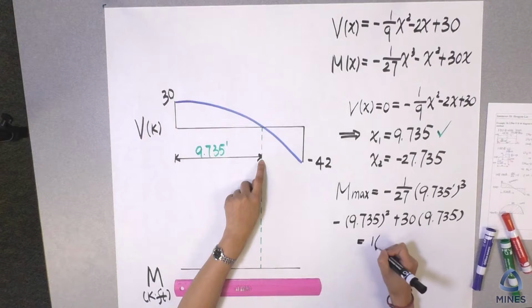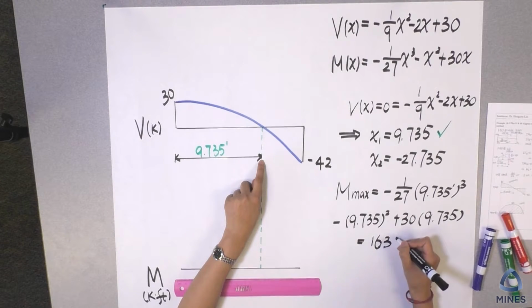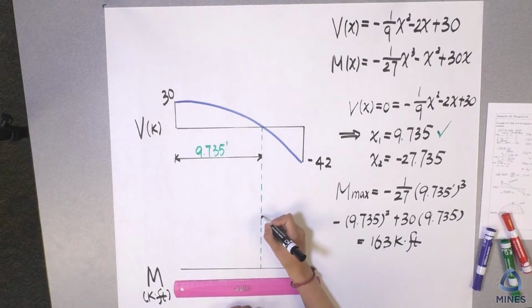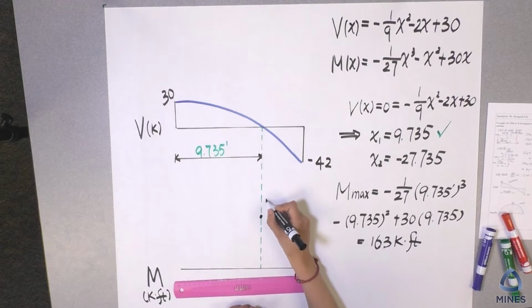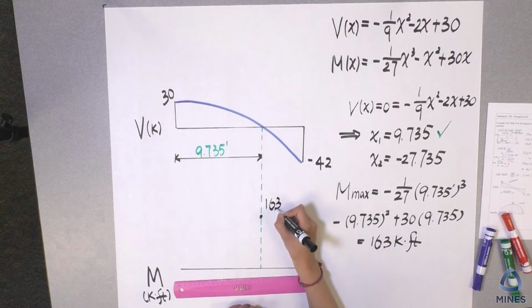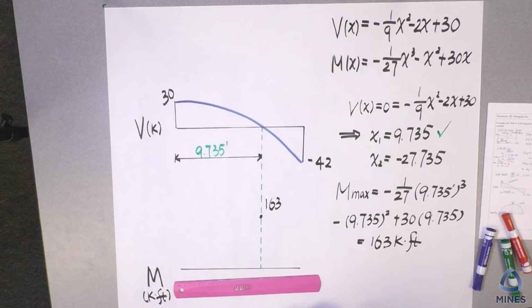Finally, we find the maximum bending moment. It's 163 kip-feet. So we have 163 as our maximum bending moment.